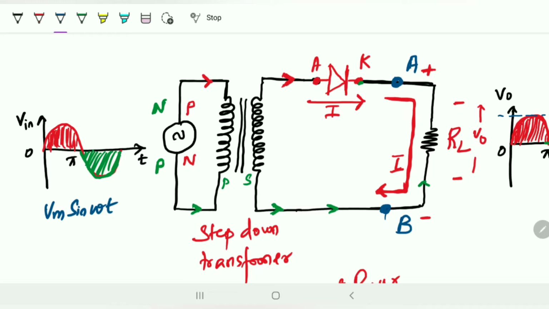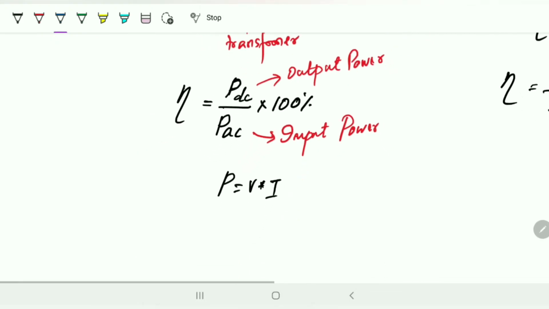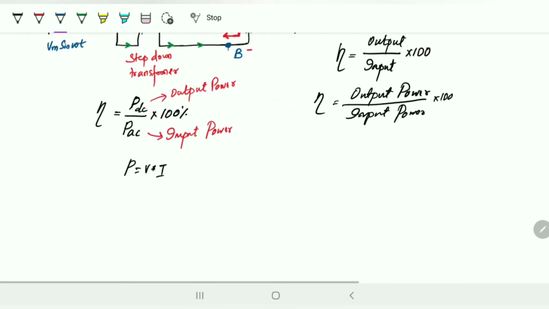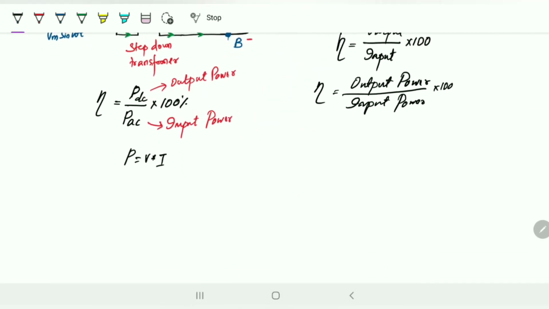And the output, let me take it as VDC or V0, whatever it is. We'll start the derivation.